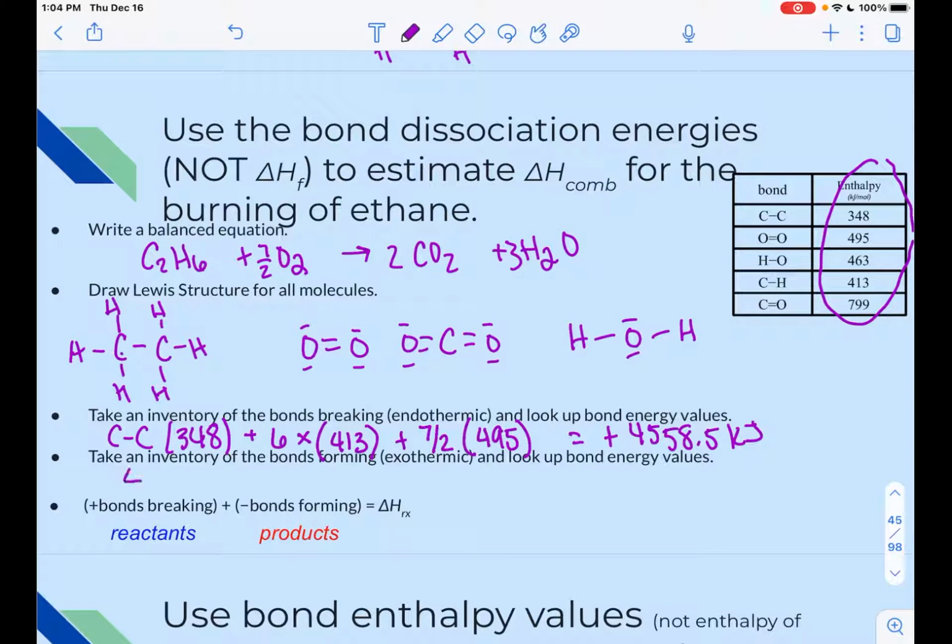So we're going to have a total of 4, and that's going to be 4 times negative 799. And then our OH bonds, we have 2 OH bonds in each molecule of water, and then there's 3 of those molecules. So that's a total of 6. And that's going to be negative 5974 kilojoules.